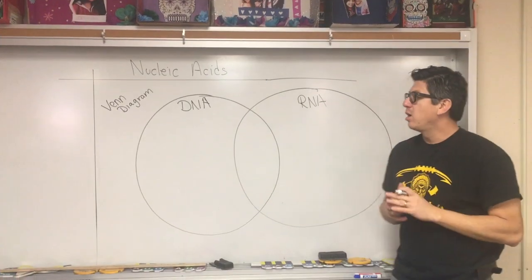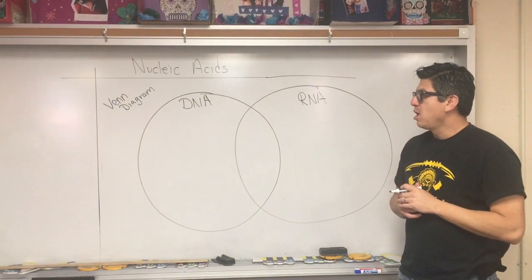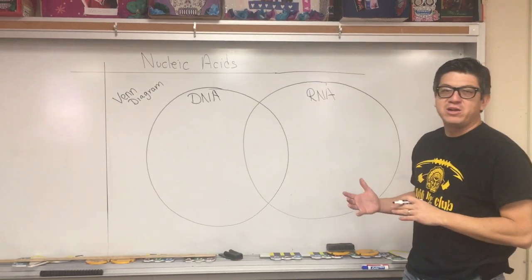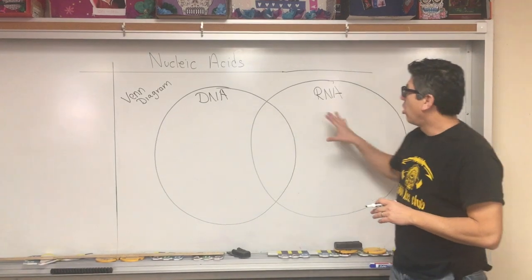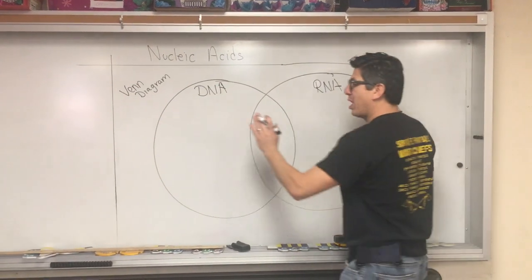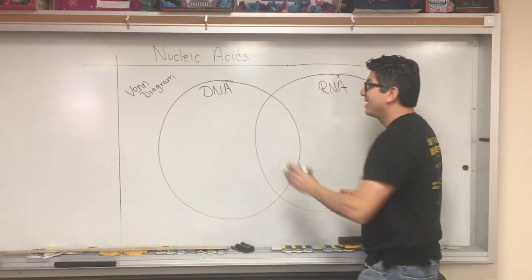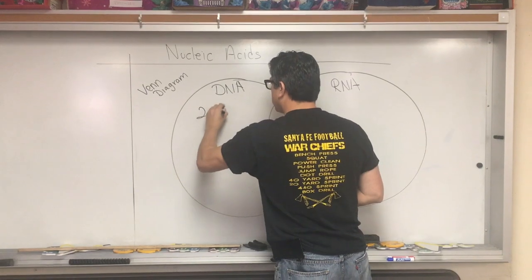Now, I know we went through a lot on the previous board, but I just want to summarize the differences. We're using a Venn diagram to summarize them. DNA, RNA: how are they different? How are they the same? Number one, remember, DNA is two-stranded, so two strands.